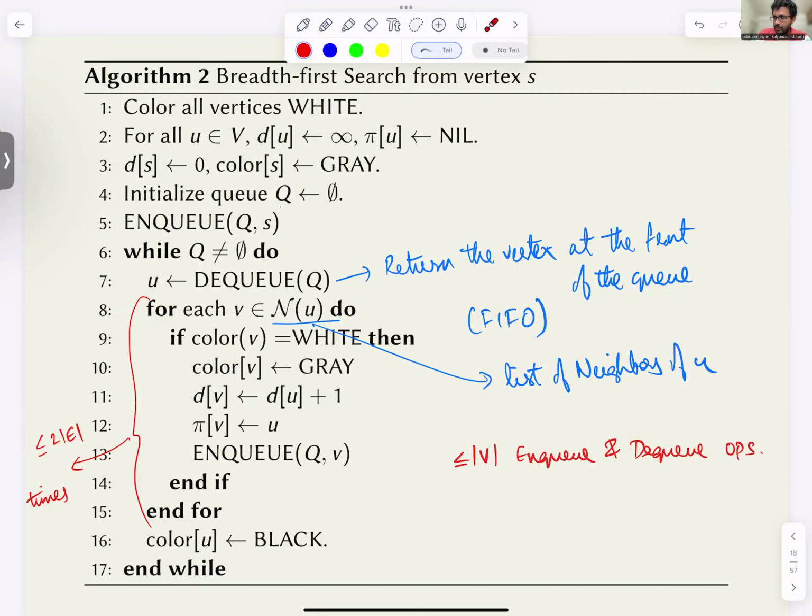You're not calling this process again from here. There, explore was called in a recursive manner, so implicitly a stack data structure was being used to implement the recursion. But here we are using a queue, and there is no recursion. A stack is something like the opposite of a queue, meaning it has the property of last in, first out.